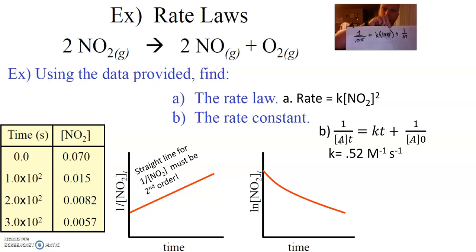That goes there, and then I just solved for K. K ends up being 0.52, and because it's a second order reaction, I need molarity to the -1, seconds to the -1 as my units. It's just math.